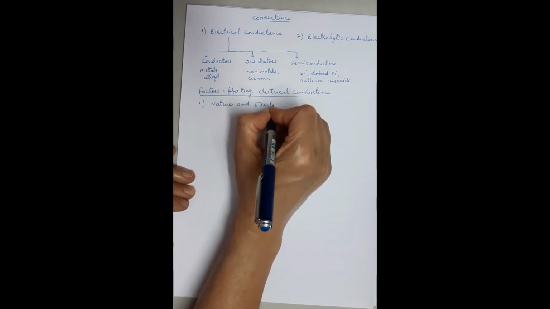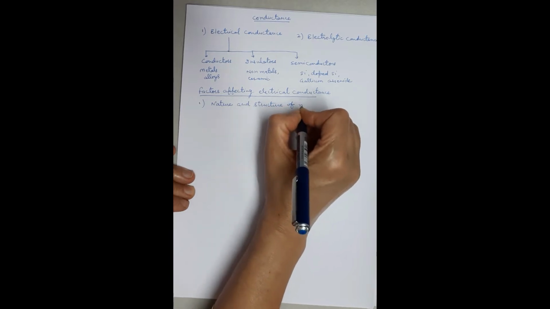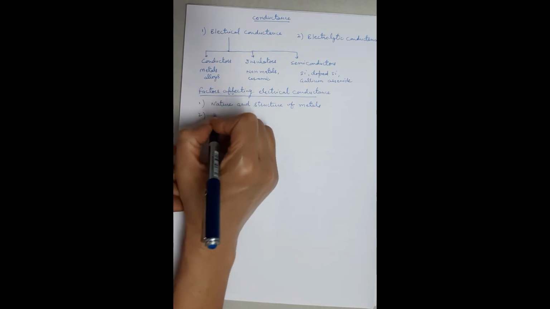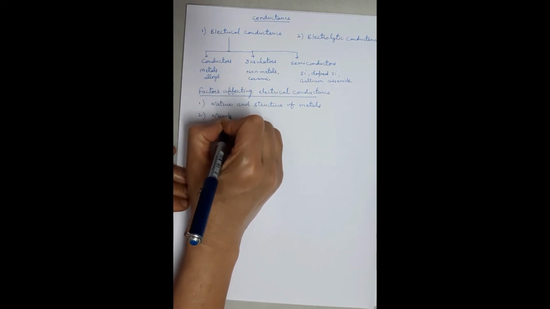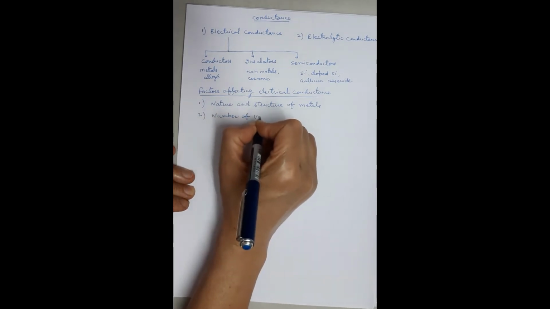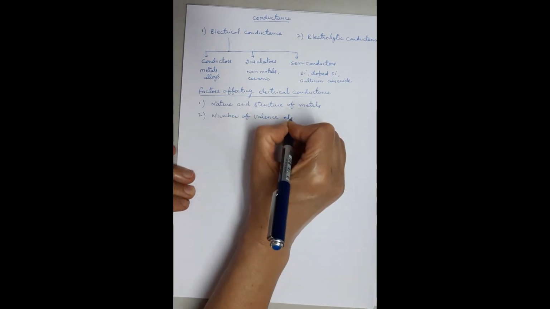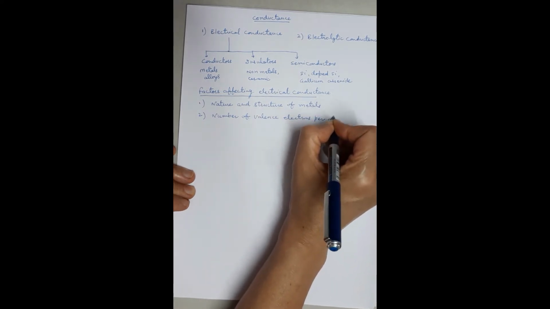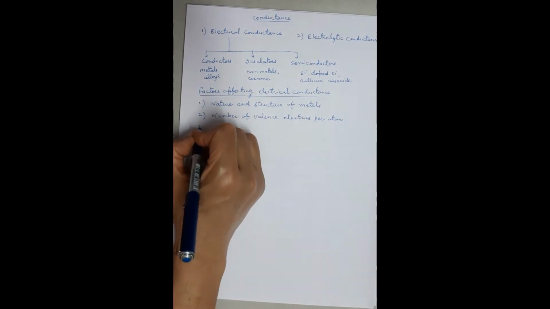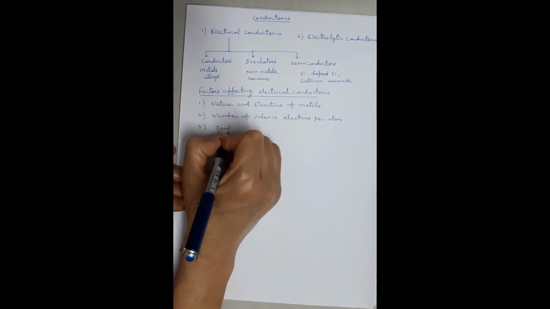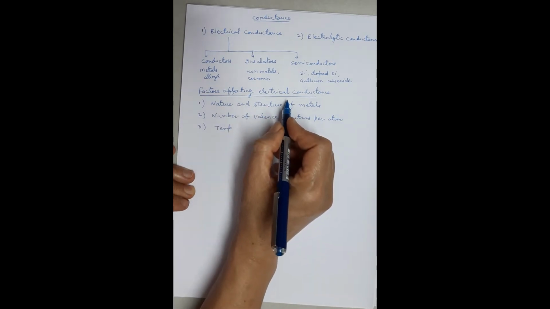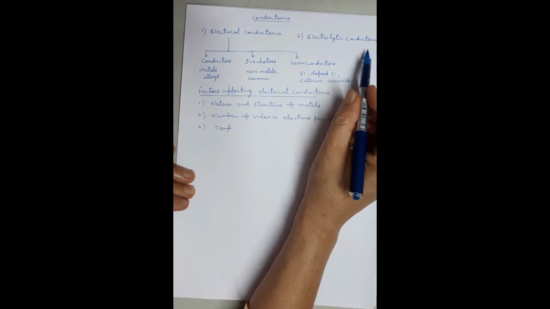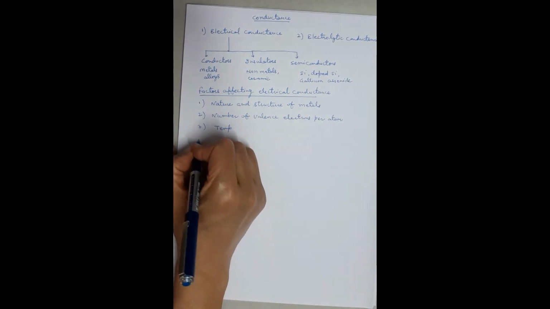Then it also depends upon the number of valence electrons per atom. Temperature also affects the electrical conductance. Beta, in chemistry we'll discuss electrolytic conductance in detail. See, what is electrolytic conductance?